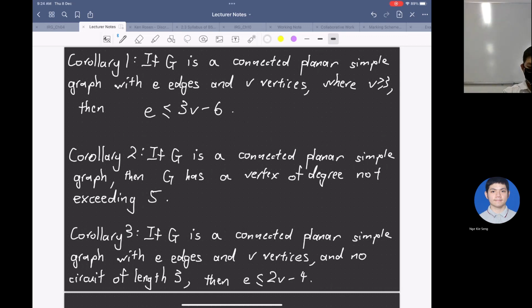So how are we going to use this statement? You should think of the contrapositive of the statement.